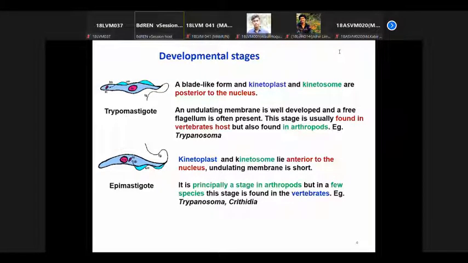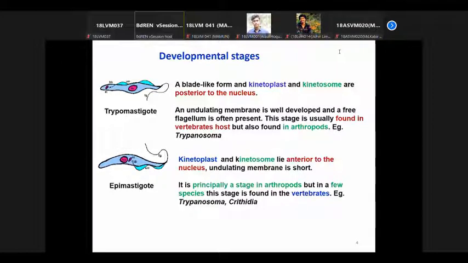Number two, epimastigote. Kinetoplast and kinetosome lie anterior to the nucleus. In trypomastigote, what happened? Posterior to the nucleus. But in the case of epimastigote, epi means above. So kinetoplast and kinetosome both lie anterior to the nucleus.